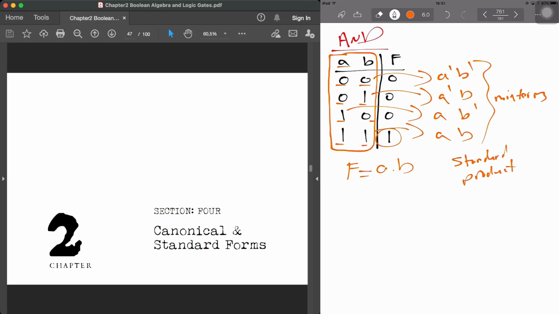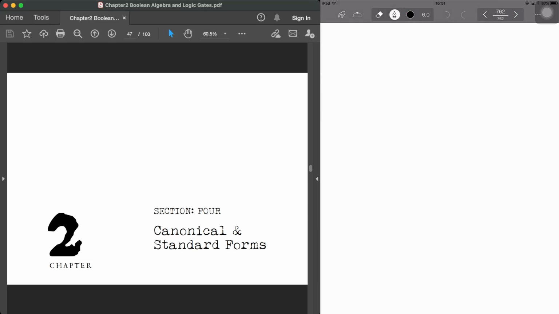So minterms are the AND terms that we can have for a logic function. n variables can give us 2 to the power n minterms. That's what we need to know. And the same thing applies for the OR function.